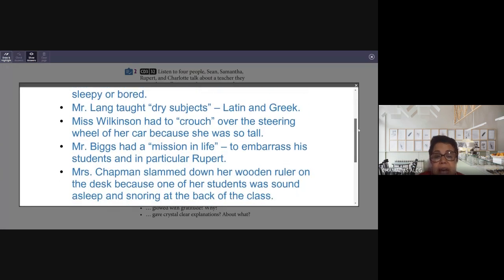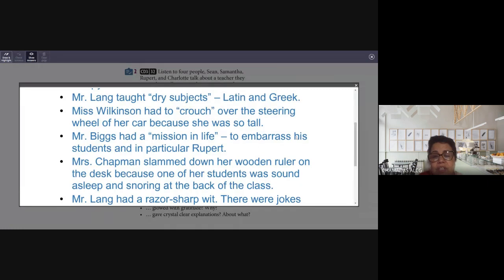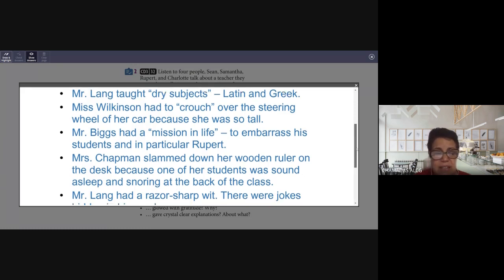Mr. Biggs had a mission in life to embarrass his students, in particular, Rupert. Mrs. Chapman slammed down her wooden ruler on the desk because one of her students was sound asleep and snoring at the back of the class.